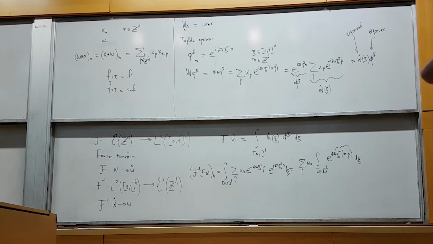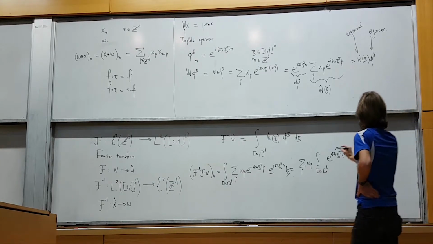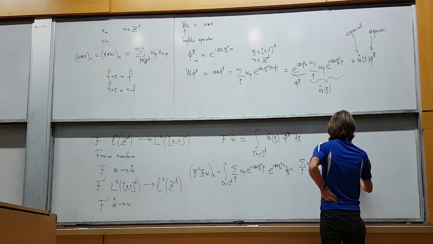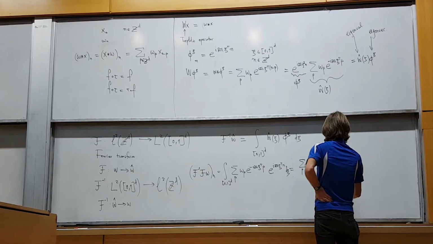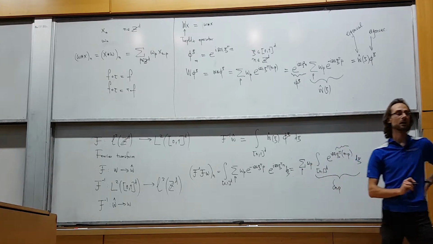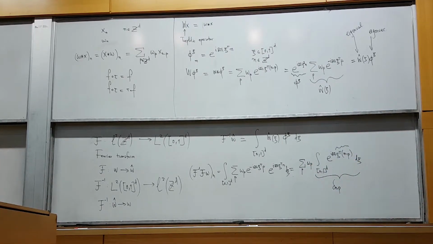So what would be the answer? 0, except for zero frequency, right? For zero frequency, I have a constant function, 1. So basically, the outcome of this integration is delta(n minus p), Kronecker delta, right? So it is 1 if n equals p and 0 otherwise. Which means that these complex exponentials are orthogonal, right? Because what is written here is an inner product.